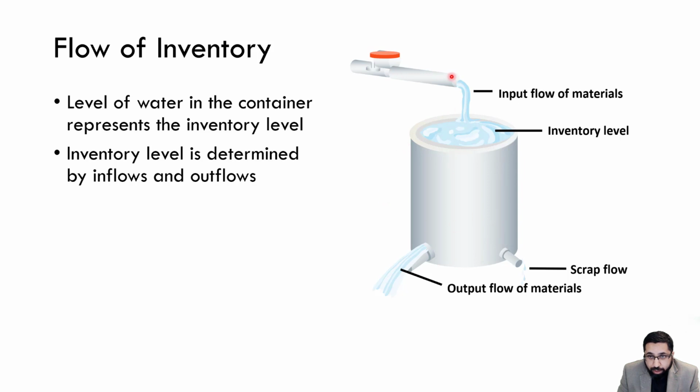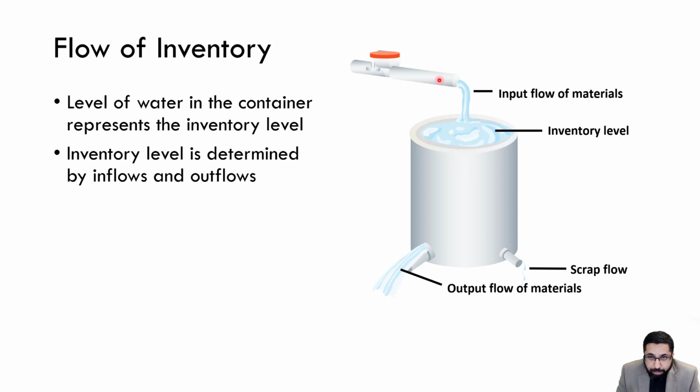As the inflow happens, more inventory is added to this storage. Then there's some outflow because you're probably doing something with the inventory, using it in further processing or selling it, right? And then some inventory may get lost or scrapped or damaged that you have to throw out. So there might be some small outflow based on that.